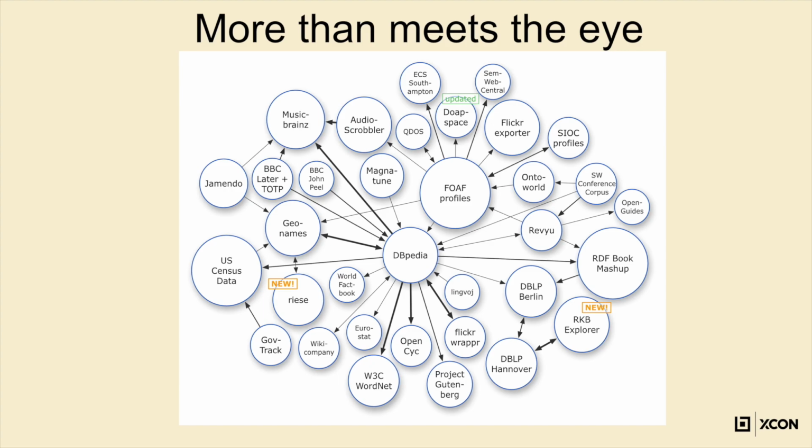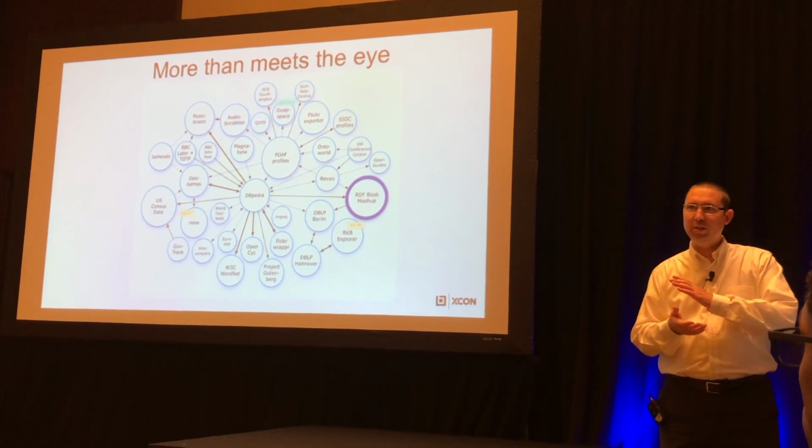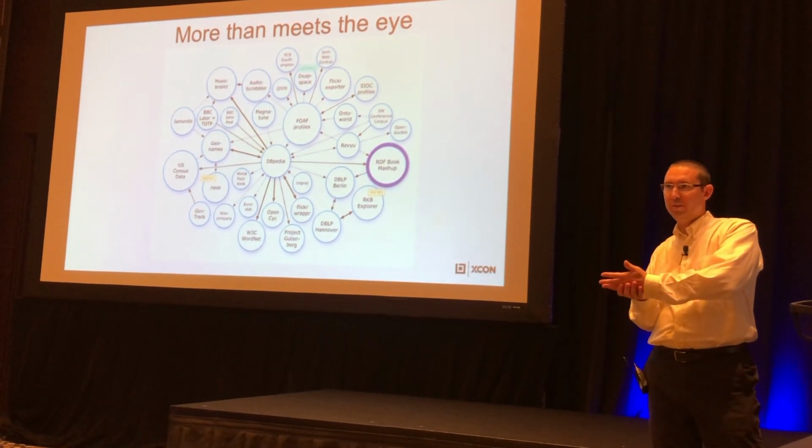So this is what I call a link map. Each of these circles represents one of the files in your package, and the arrows represent the hyperlinks between them. So if one of your files is called RDF book mashup, and it gets revised, the revision number gets bumped, the file name changes.